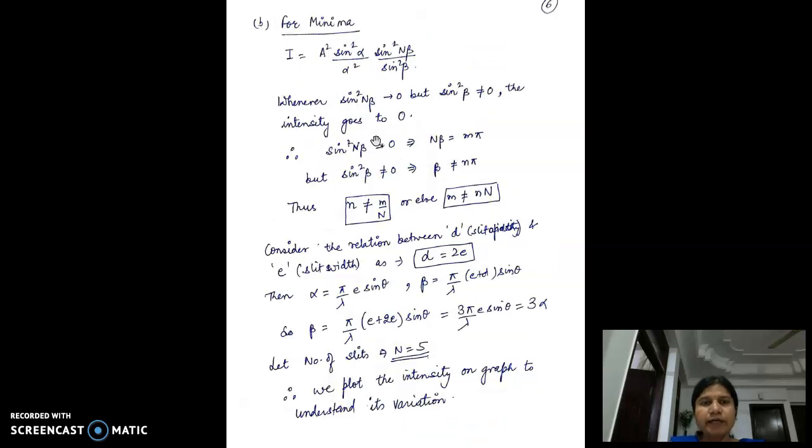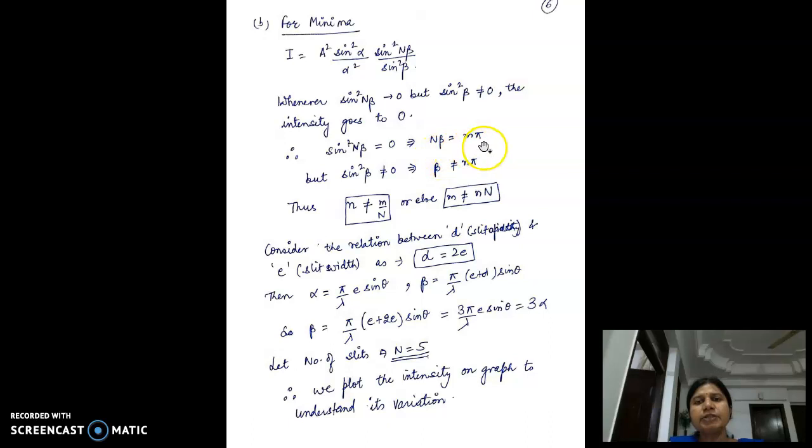Okay, let's move ahead further. For minima, we need to check where this function goes to 0. And since we are focusing on this particular function, whenever sine square n beta goes to 0, but sine square beta does not go to 0, this function reduces to 0. So the condition is that sine square n beta should be equal to 0.